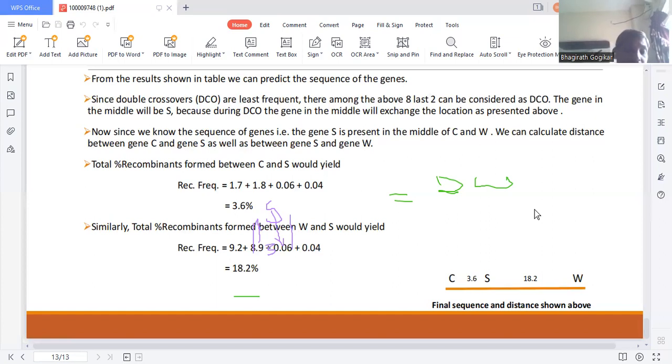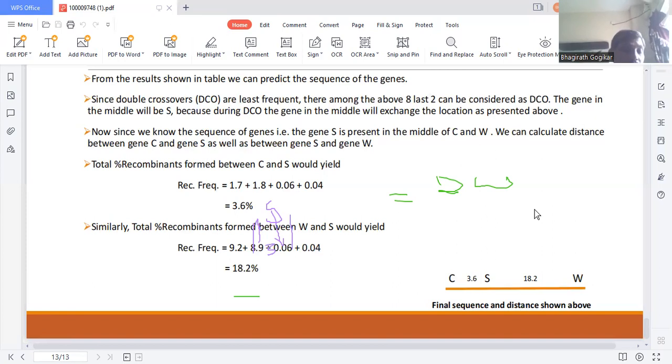For example, if double crossovers are not formed in the progeny, that says 100 percent interference is present. If the expected double crossover value and the actual double crossover value are the same, that indicates there is no interference between the two genes.